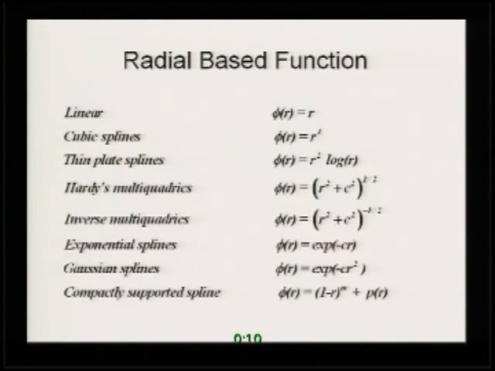If you use linear, then you just connect each of this function to the next function, the nearest extrema, by this function of r. From one point to the next, you connect. From this point to the other, you also connect. So you want all this connection to be unique.